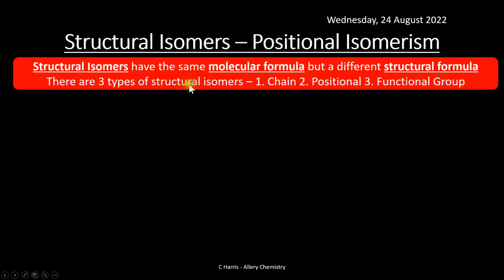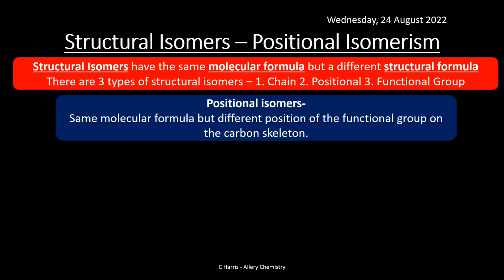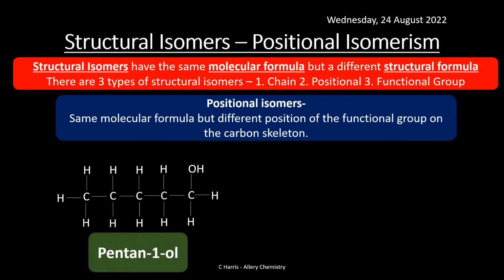Okay, let's look at the next type of isomer, which is positional. Positional isomers, as it suggests, have the same molecular formula, but a different position of the functional group. Okay, so the chain might be the same, but the position of the functional group will be different on the carbon skeleton. So let's have a look at this one here. This is pentan-1-ol.